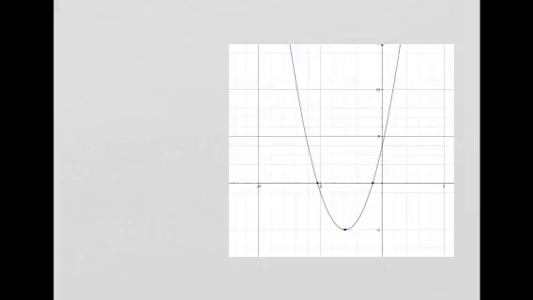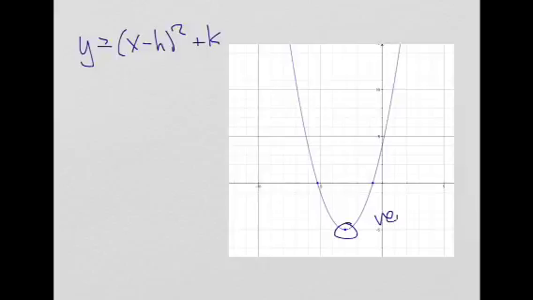So we know we're going to be of the form y equals x minus h squared plus k, because we're a quadratic that's been shifted, h and k. I take a look and see where's my vertex. My vertex is at the point 1, 2, 3, 1, 2, 3, 4, 5, negative 3, negative 5.